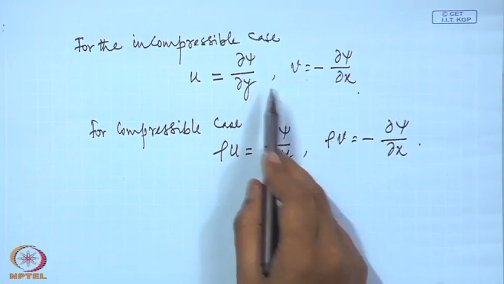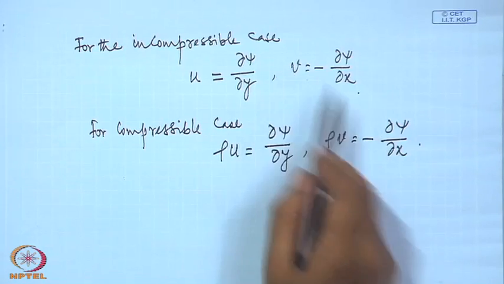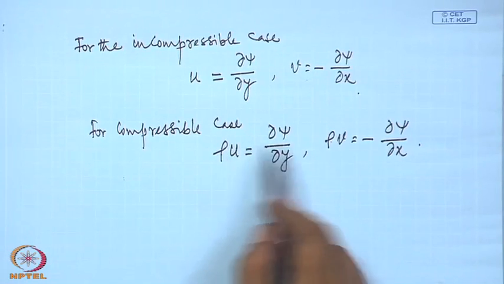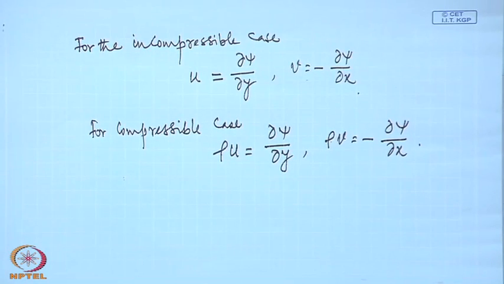See the difference between psi in incompressible flow and psi in compressible flow. In case of compressible flow, the density is also within the definition. In case of incompressible flow, it is not.